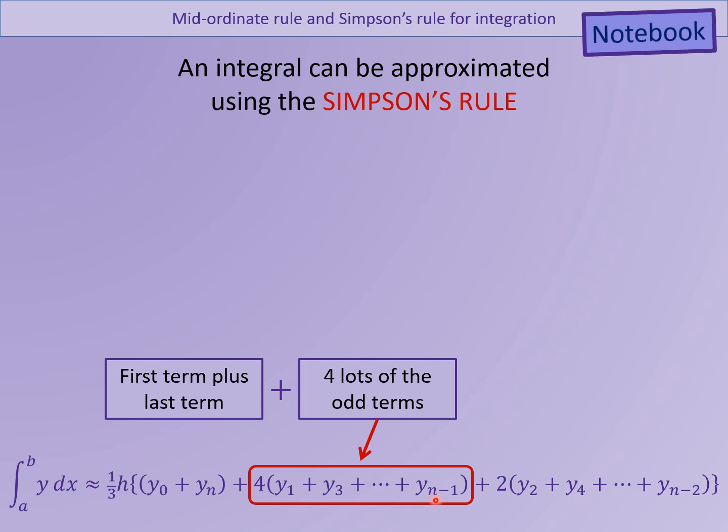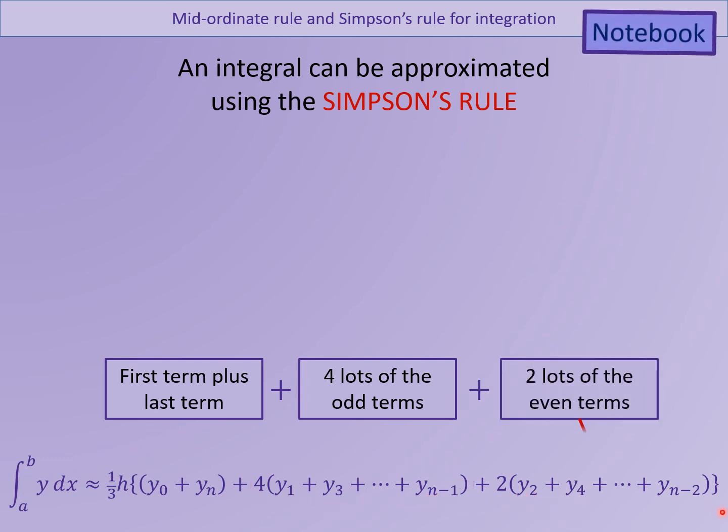What you're left with are all the even terms, y2, y4, and so on. It's important to realise that you do not repeat the first and last terms. That's the common mistake. For example, if y6 is your last term, you do not include it in here. Hence it's telling you here 2 away from the last term.